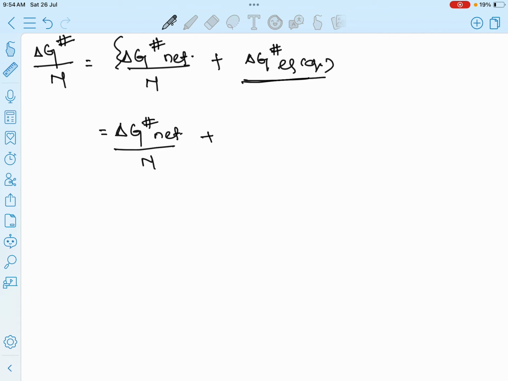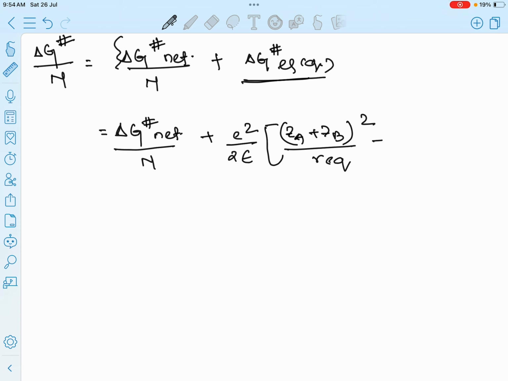This should be due to the ions which are approaching and the activated complex which is forming. That is N square e square by 2 epsilon multiplied by ZA plus ZB whole square divided by Req.